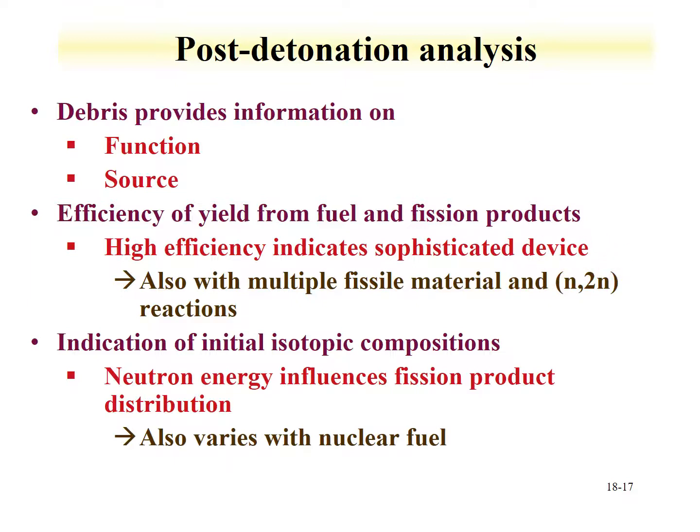So faster neutrons mean that there will be more n,2n type reactions. You can also get indications about the initial isotopic composition, so the neutron energy influences the fission product distribution. The type of target material, whether it's uranium or plutonium, will have different fission product distributions. So looking at the fission products can give you information about the composition of the fuel of a device.